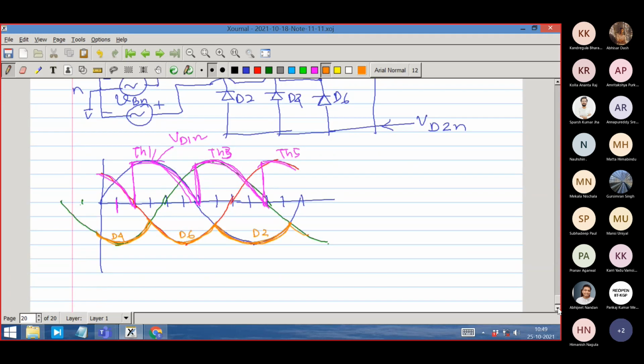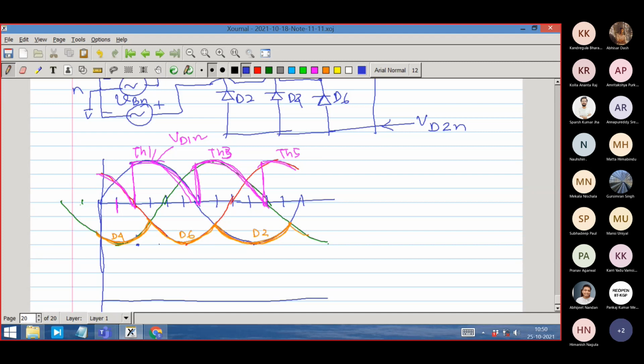So what is the final output voltage? Let's start from phase R only. In phase R, at this point it is positive and at this point it is negative, so it is even more positive. So it is somewhere here, more positive, and then after 60 degrees it is somewhat less positive and more negative.